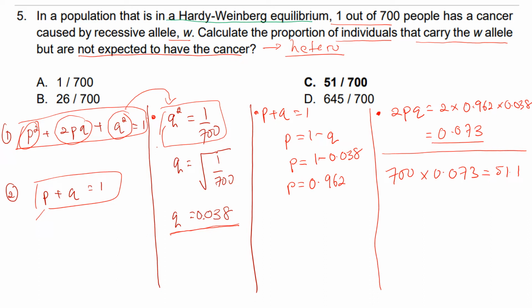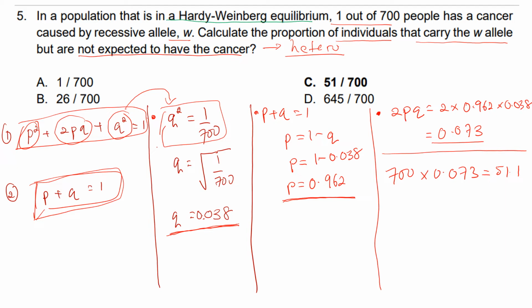After you have determined the value of q, you use the formula p plus q equals 1 to determine the p value, the frequency of the dominant allele. You will get p equals 0.962. For this type of question, you just take three decimal points.